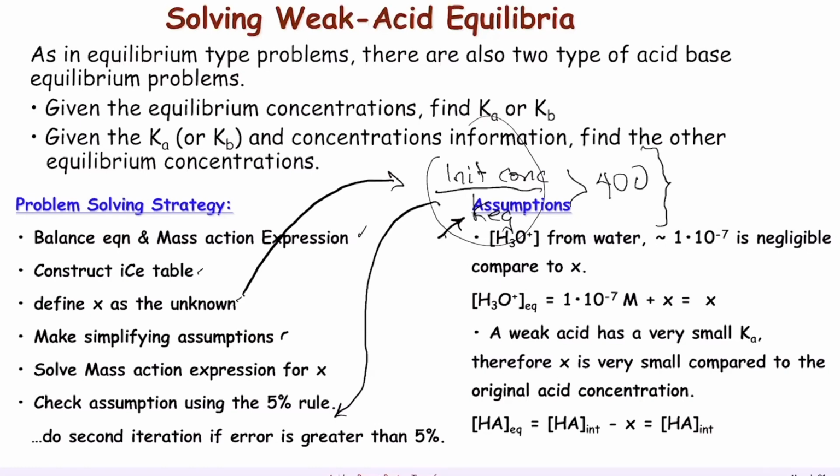And I'll show you the reason why you could ignore it, because it's pretty minute, pretty small for most conditions. So that's this assumption right here. A weak acid has a small Ka, therefore X is very small compared to the original acid concentration. And then you can apply the assumptions to make the math easier.